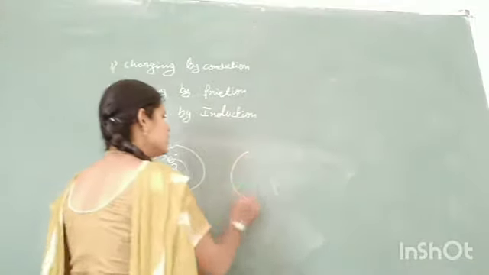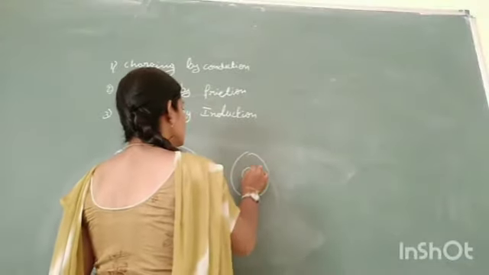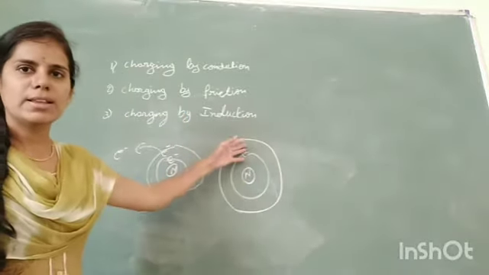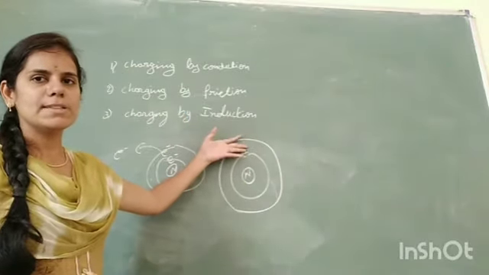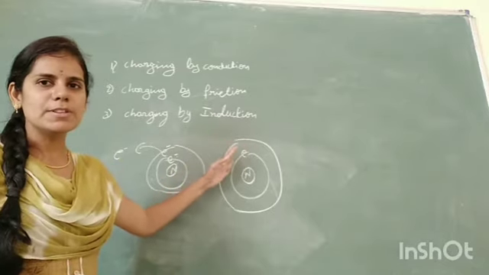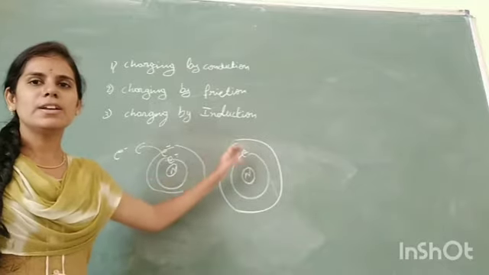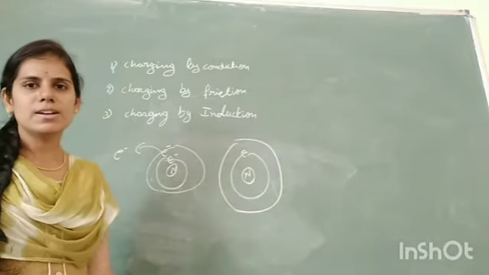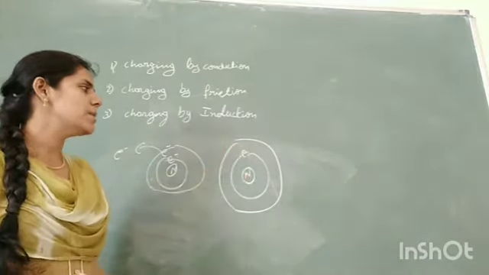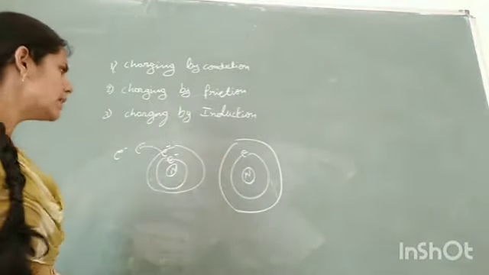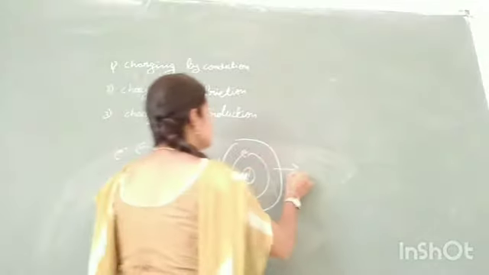There is a deficiency of one electron, so an electron is missing. Then whether it becomes a positively charged body or a negatively charged body, it acquires some charge here. Definitely it becomes charged. So this is one of the cases.